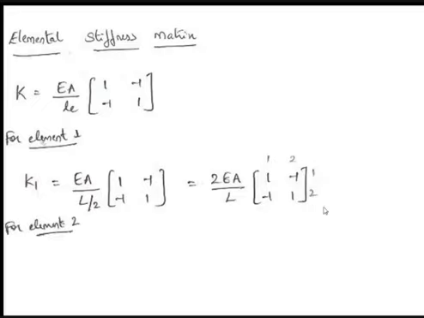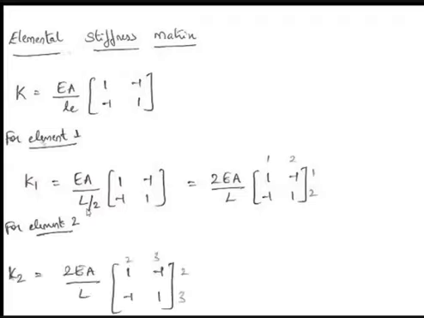Now for element 2, again I have the same thing. What is the length of the second element? It is L by 2 only. So for element 1 and 2 there will be no change in K1 and K2 because all the parameters that are associated, that EA by L, remains the same for both the elements.